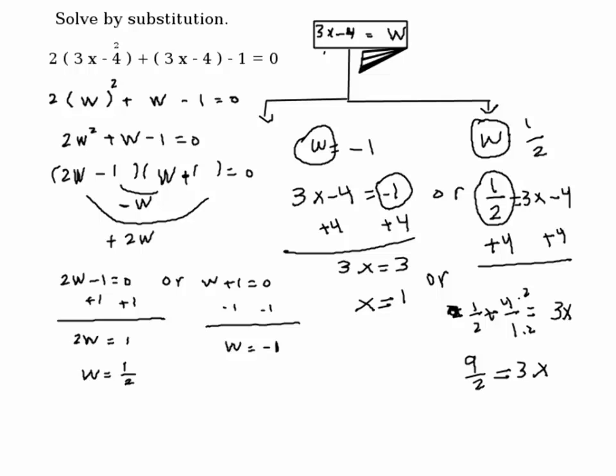If I multiply both sides of the equation here by 1/3, because we want to solve for x, and you can actually reduce this here, it looks like we get 3/2. So 3/2 is equal to x.